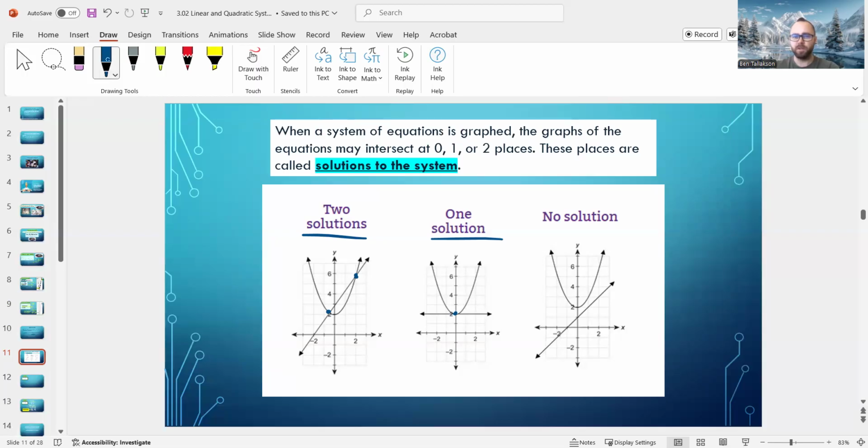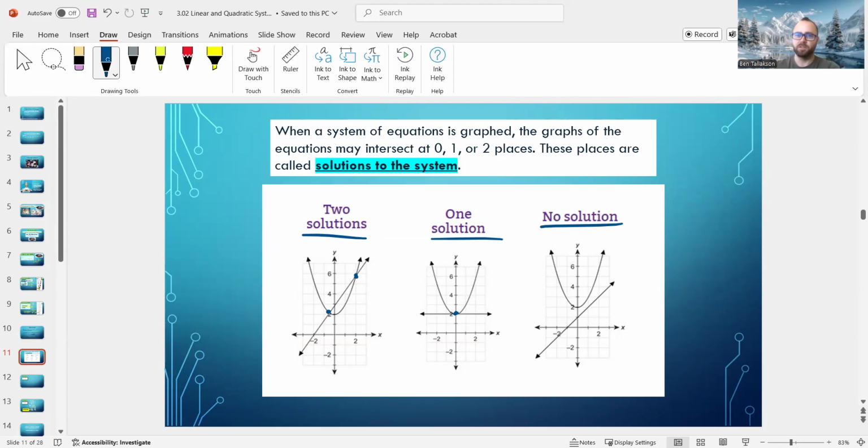This is also a very interesting graph and situation that we're going to focus on more this unit. So just a heads up on that. But you might have a situation where nothing is touching. That means there's no solution at all. Okay?